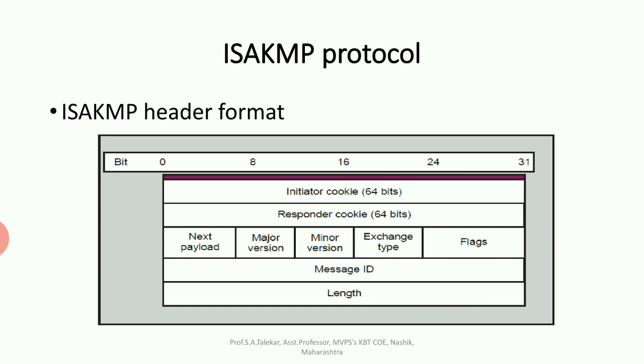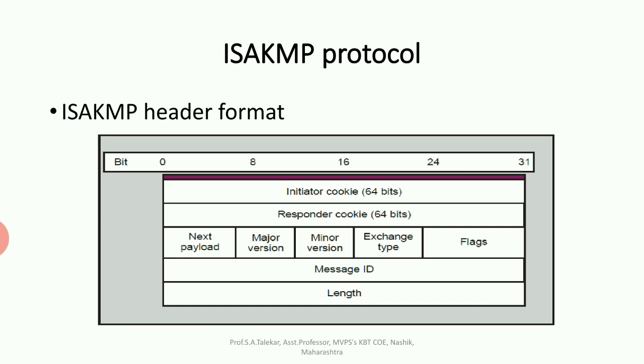Initially this field contains null when the initiator sends the very first ISAKMP message to the responder. Next payload, this 8-bit field indicates the type of the first payload of the message. Major version, this 4-bit field identifies the major ISAKMP protocol version as used in the current exchange. Minor version, this 4-bit field identifies the minor ISAKMP protocol version as used in the current exchange.